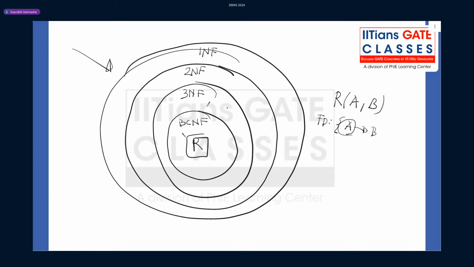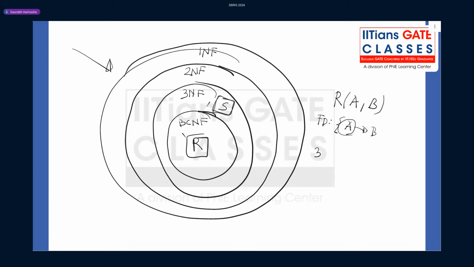So let's take a relation S that is in 3NF. Since BCNF is a subset of 3NF, it need not be the case that any relation in 3NF is also in BCNF.